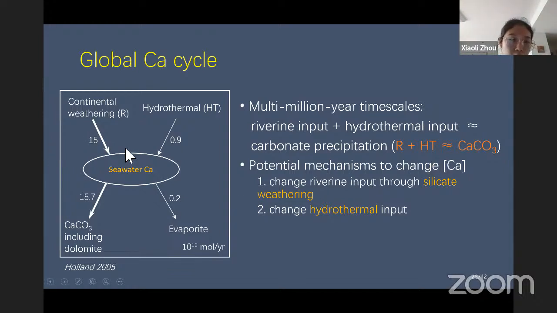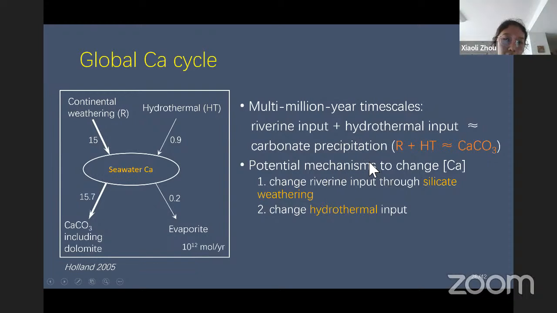The major source for calcium in the ocean is continental weathering, and the major sink is the precipitation of calcium carbonate. There's a minor source from the hydrothermal vent, and a tiny part of calcium is removed as evaporite, but here we will not consider it because it's too small compared to the others.